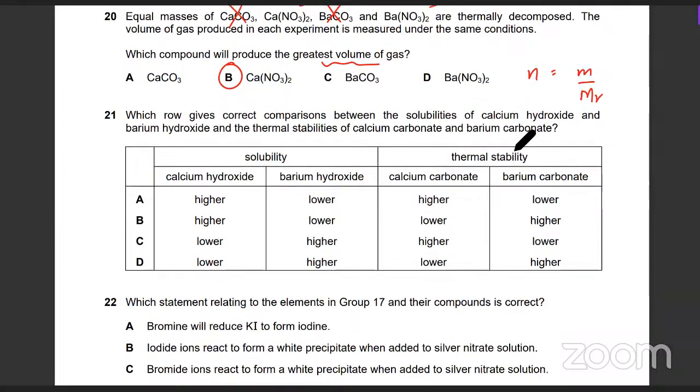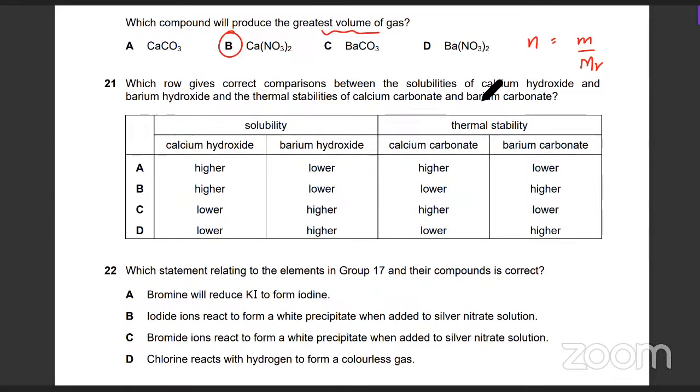The next part is: which row gives correct comparisons between the solubilities of calcium hydroxide and barium hydroxide and the thermal stabilities of the carbonates, barium and calcium. So solubility, who's more soluble, calcium hydroxide or barium hydroxide? Barium. Going down the group, the solubility becomes more. Who's more stable down the group?